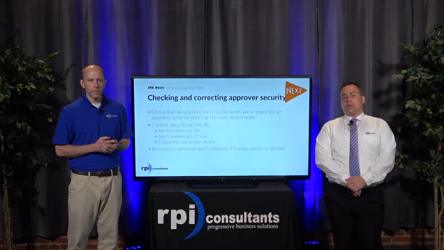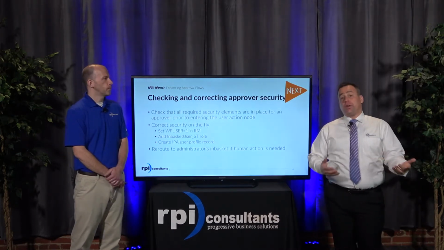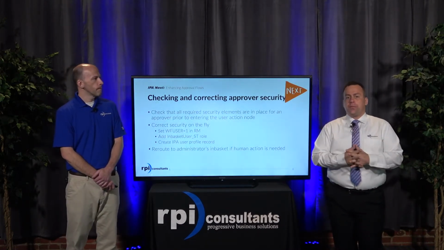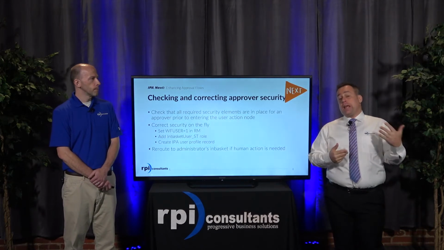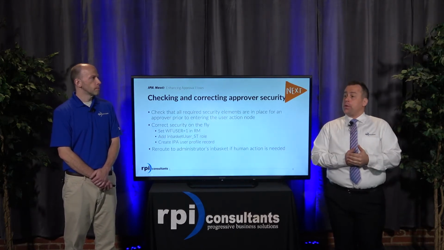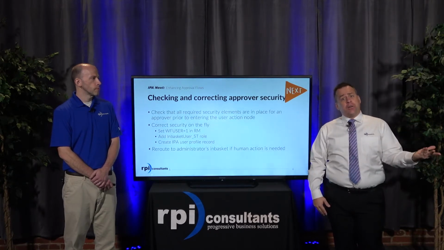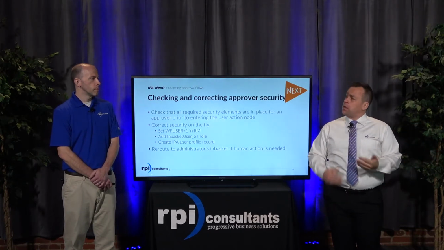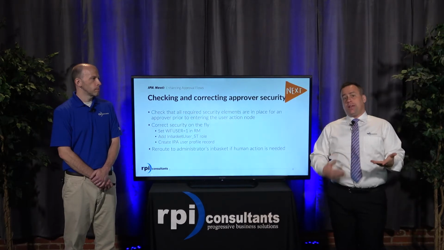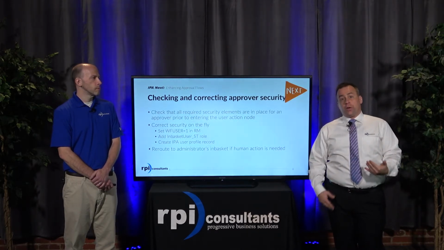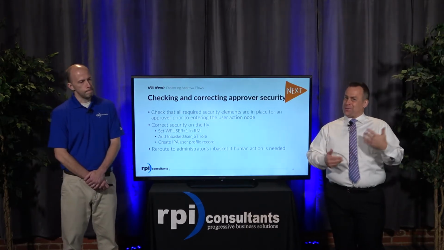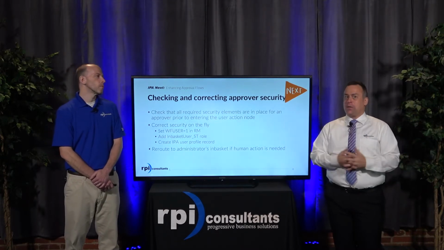One of the things we want to talk about is approver security and your approvers. We want to make sure that any user we're going to send work to has a PFI user account. Remember, they may have an actor record and access to the system, but not every actor is going to be an in-basket approver. We all know that we have to add users to in-baskets to make it work.